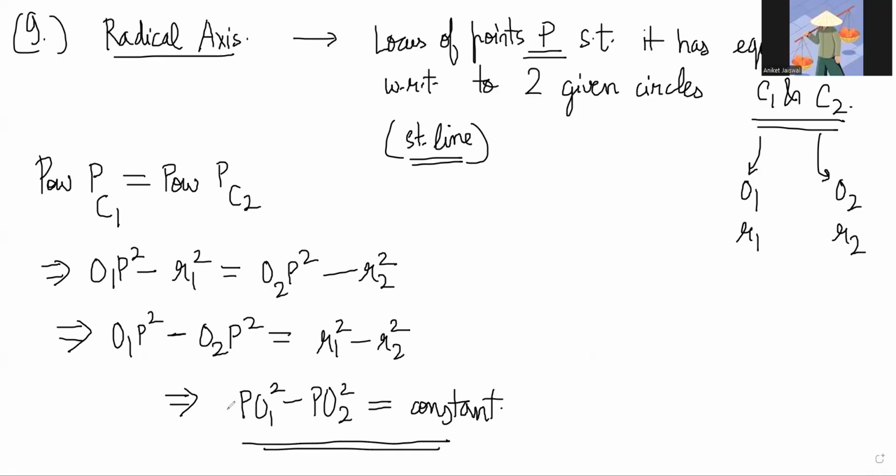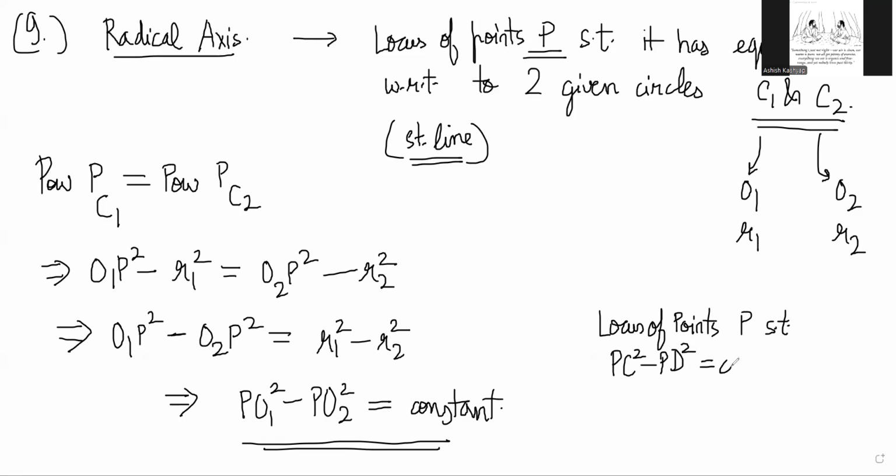Yes, sir. In the last class, we had discussed that such a thing describes a locus: the locus of points P such that PC square minus PD square is equal to a constant, where CD was a known given straight line.